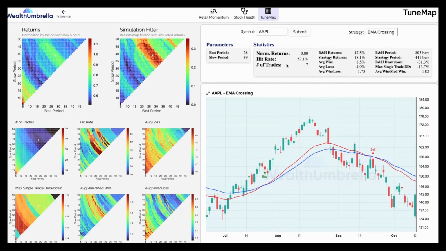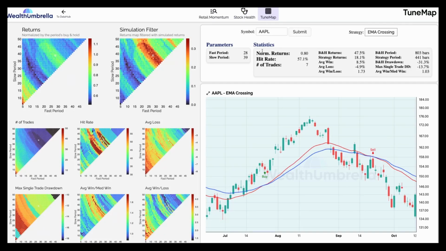Okay, so first, all the statistics are computed from the long positions only. So a trade is defined as a buy and a sell signal. We did not compute the sell to buy signal in this section since we think that shorting could be a good strategy, but not for everyone, and long only is maybe the normal case.